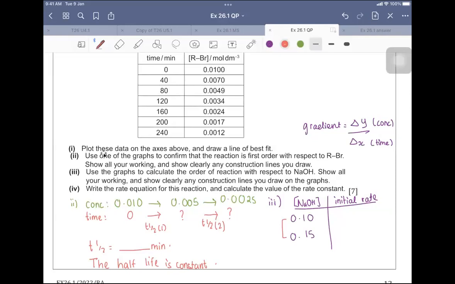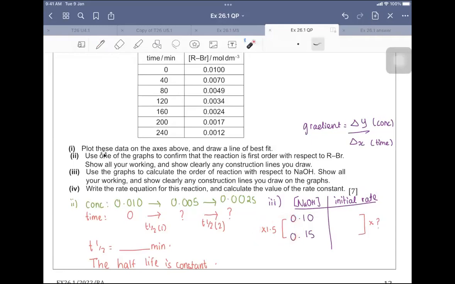0.15 divided by 0.10, that is an increase of 1.5. So after you found the two numbers, you want to check if the rate increases by 1.5, or if it stays the same, or if it increases by 3, in which case it's the square of 1.5.